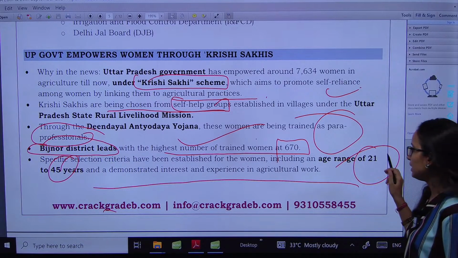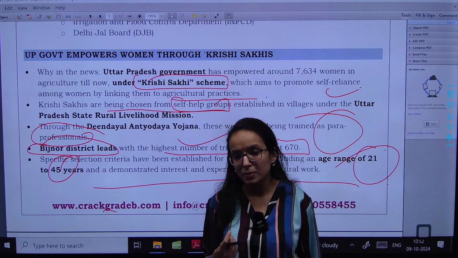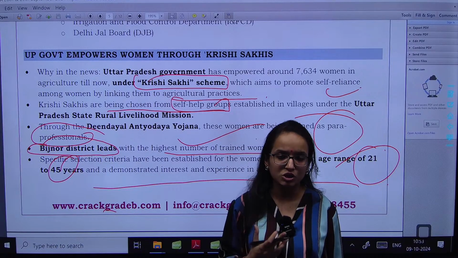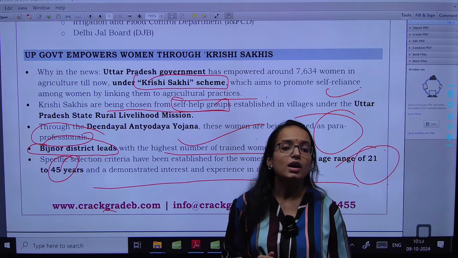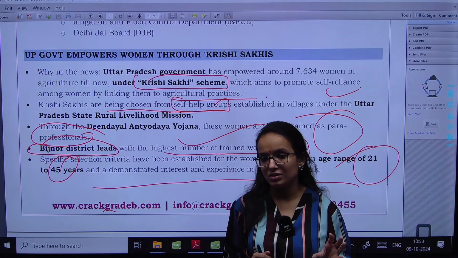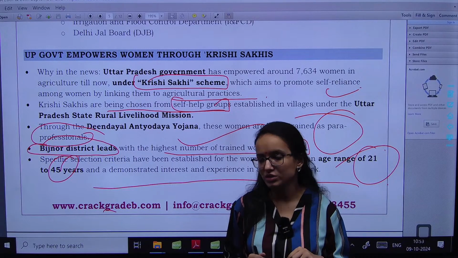Why specifically have they chosen the age group of 21 to 45 years? The reason is that, as you all know, India presently has the maximum working age population, or youth population. And among them, women participation has to increase, right? Women population is also rising. So women participation in the workforce has to increase.